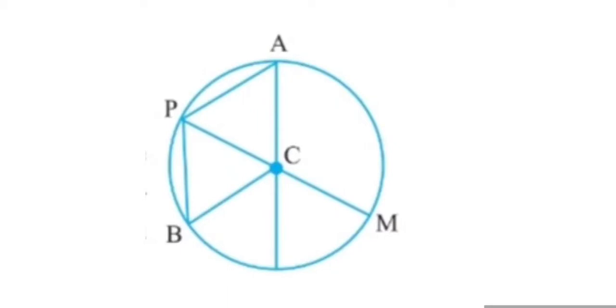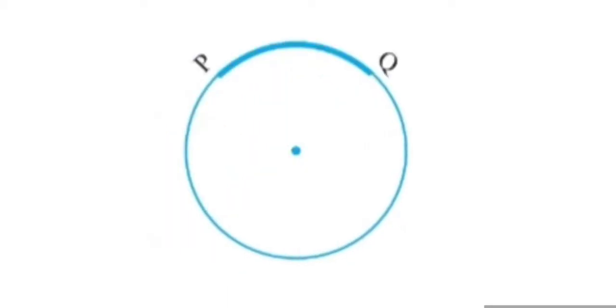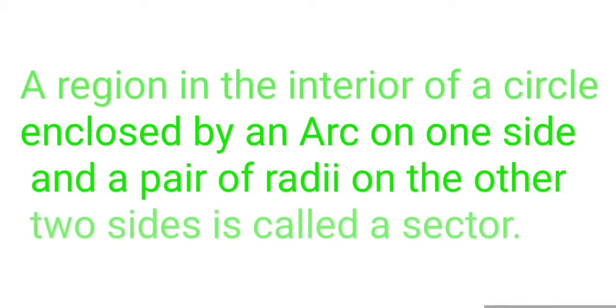Next is arc. An arc is a portion of a circle. If P and Q are two points, you get the arc PQ, and we can denote it like this. A region in the interior of a circle enclosed by an arc on one side and a pair of radii on the other sides is called a sector.